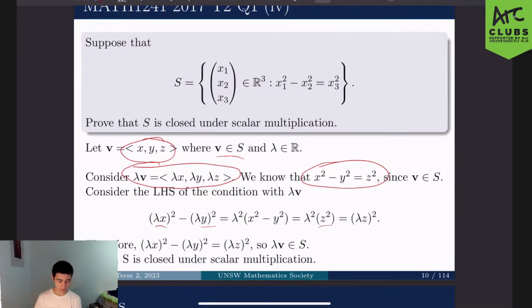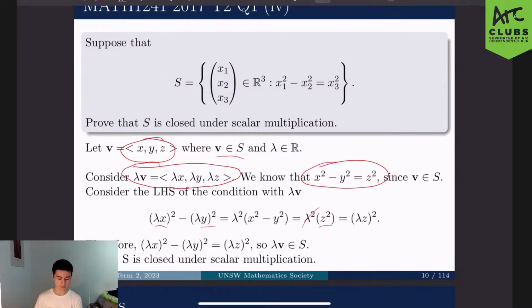So each expression in this condition has lambda of the same exponent. Since it does, we can just divide by lambda and we're done. We may need to account for the special case of lambda being 0, because we can't divide by 0.